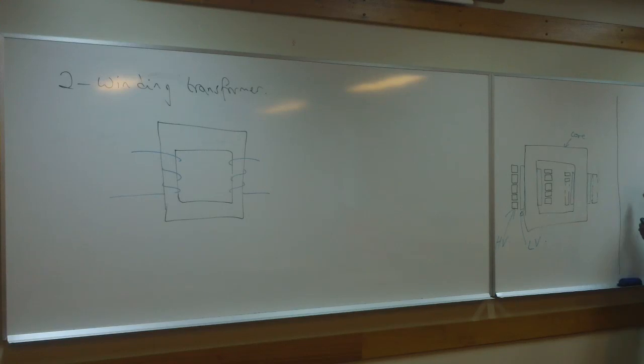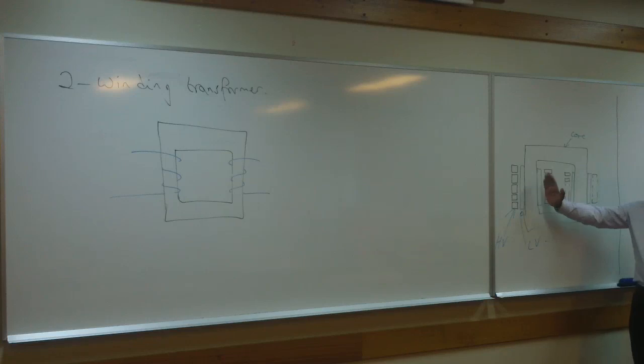I don't want to draw the three-phase one, but the three-phase one typically would be what we call a three-leg core, one for A phase, one for B phase, and one for C phase. You do also have a five-legged core, which is sometimes called a shell-type transformer.